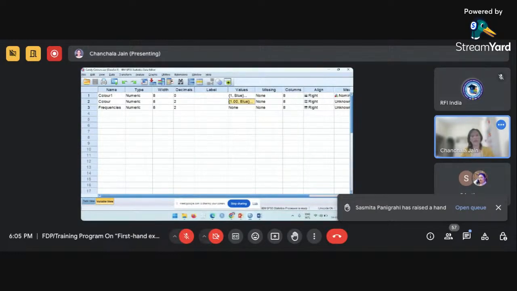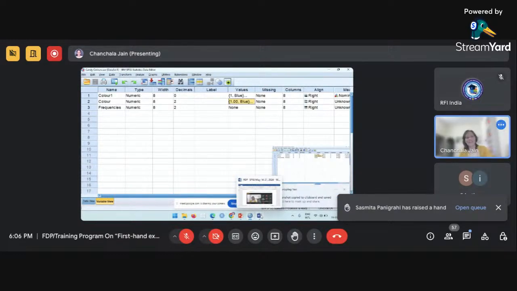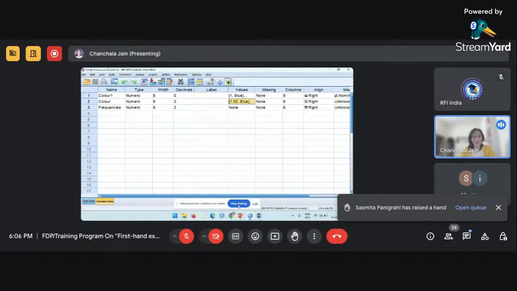Any confirmation? Session is opening, ma'am. It will take little time. Yeah, it takes time. I know it takes time. First day, the same thing happened with me also. So that is why I beforehand open the sheets. Meanwhile, if you are having any queries regarding the chi-square, you people can ask me.